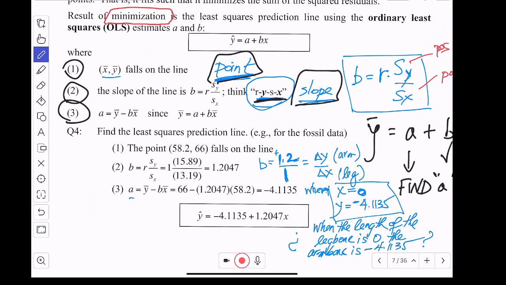Does that make sense? Can you have a negative length?